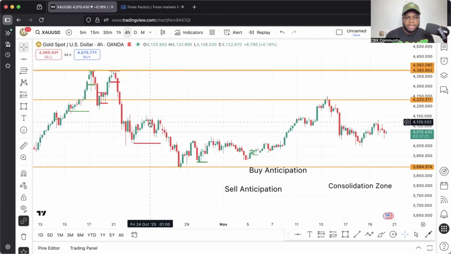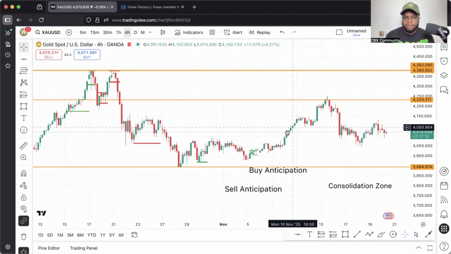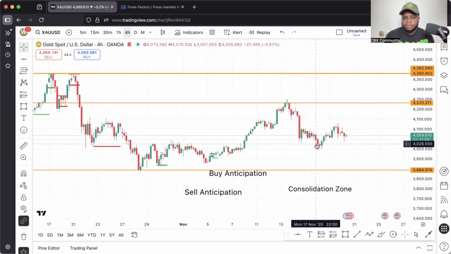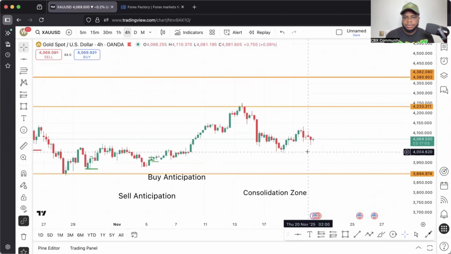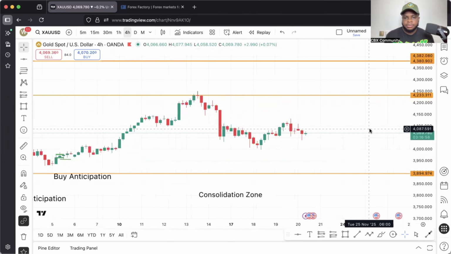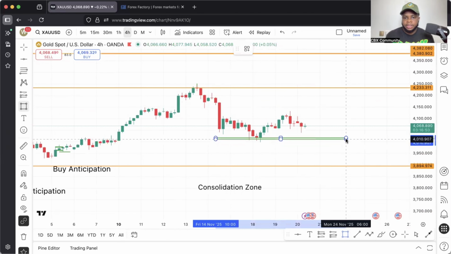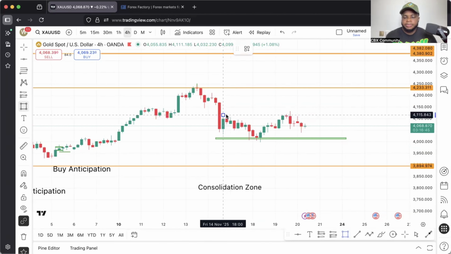As of Tuesday, Friday, and Monday, the market structure is just consolidating all this while. We have a support zone over here. We have a resistance zone over here.